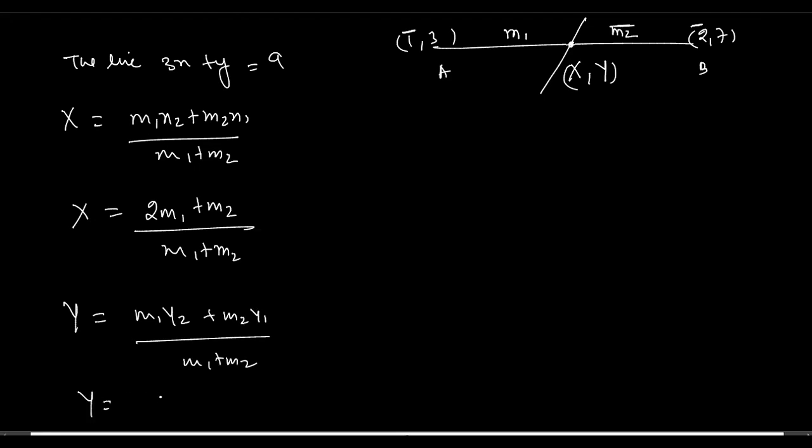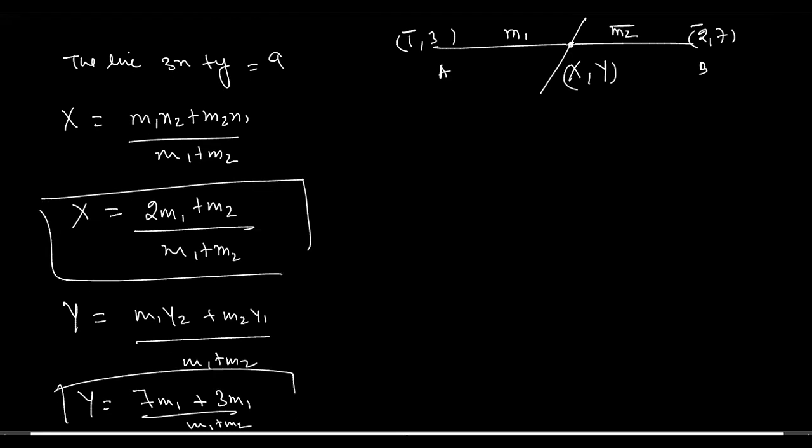So here M1 is M1 and Y2 is actually 7, so you can write 7M1 plus M2 times Y1, which is 3, so 3M2, upon M1 plus M2. Now this is the value of X and this is the value of Y. Put these values of X and Y in the equation.